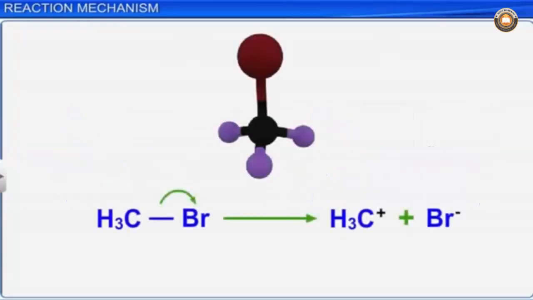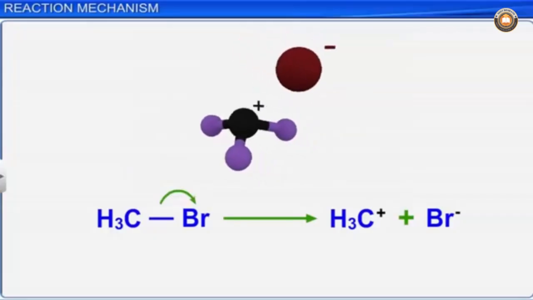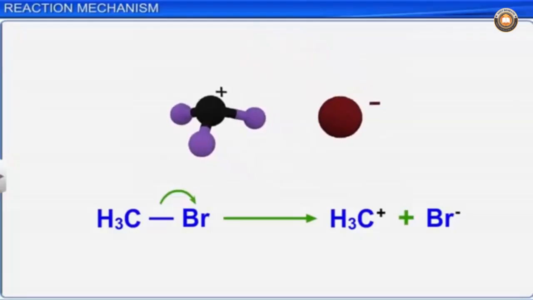For example, in the heterolytic cleavage of bromomethane, the shared electron pair goes to the bromine atom, leading to the formation of a bromide anion and a methyl cation.